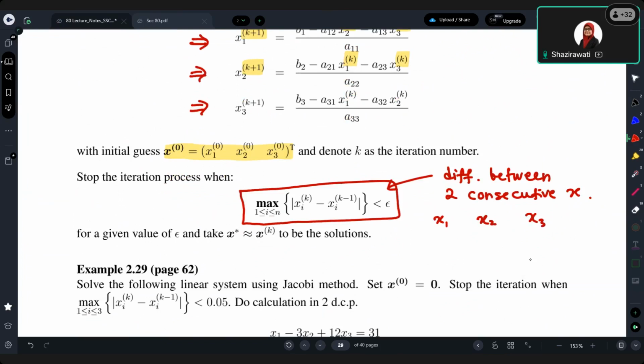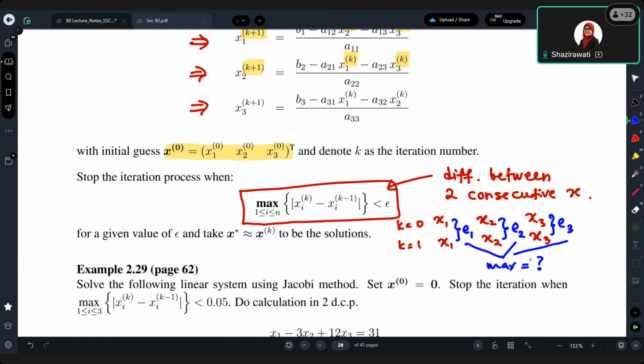Okay, this is at, let's say, k equal to 0, at k equals 1 you have another value of x1, x2, x3. So you will look at the difference between these two. Let's say this is E1, error 1, this is error 2, this is error 3. So out of these three, which one is the maximum? Okay, is E1 the maximum, E2 the maximum, or E3 the maximum?